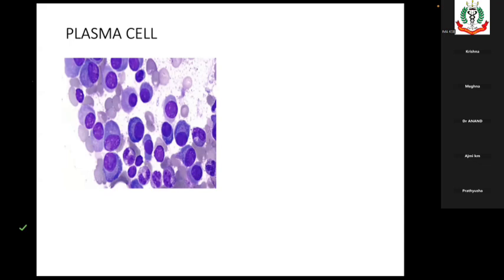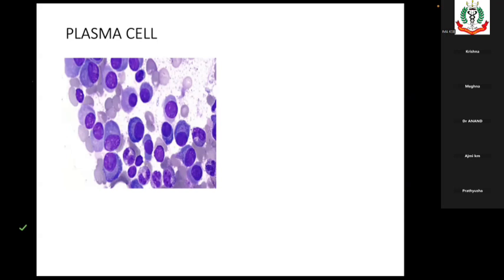In the skull, the lesions are described as punched out lesions. Then they'll ask what is the provisional diagnosis. You can write multiple myeloma, because what are the points in favor? Elderly, bone pains, pathological fracture, renal failure.